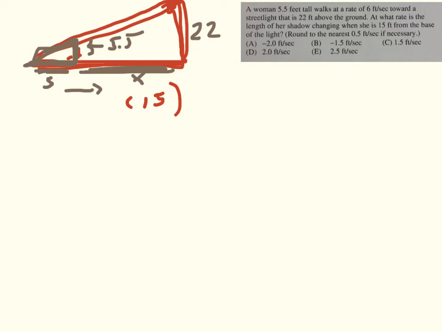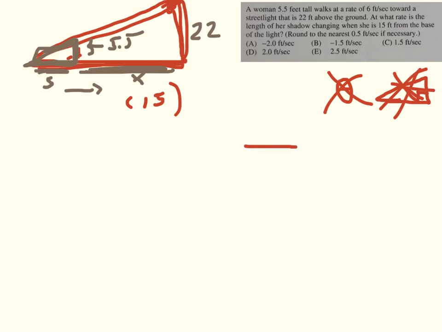Now what formula? Triangles have a couple. There is no angle, so SOHCAHTOA is irrelevant. There is a length you're talking about here, so the Pythagorean theorem might be okay, but that would be really challenging for a problem like this. Because of the two triangles, it's just like what we did in class the last couple days with similar triangles.